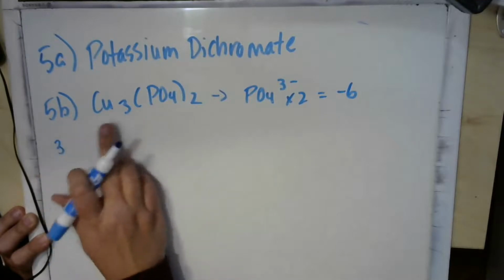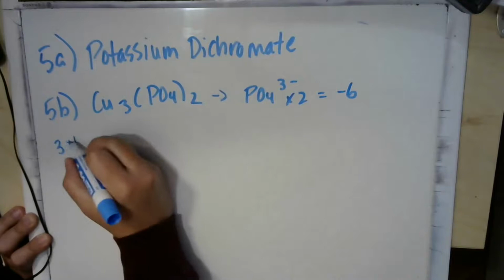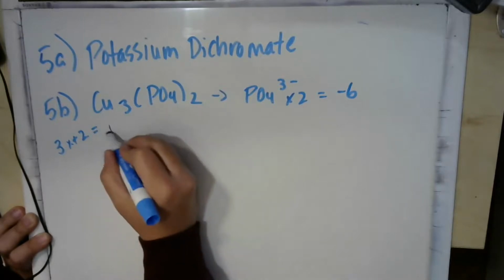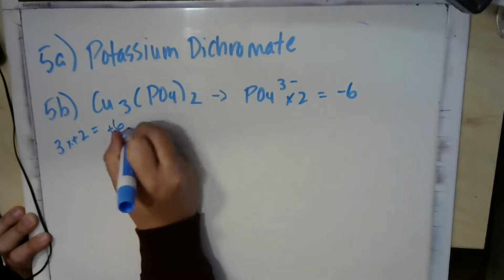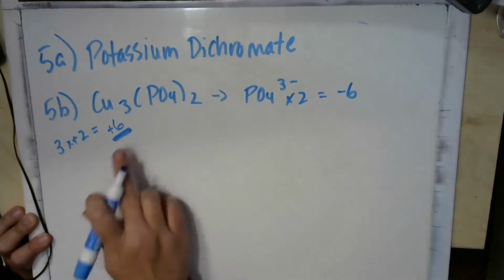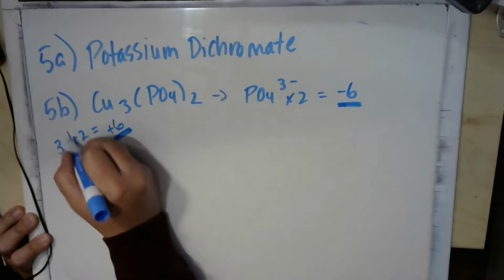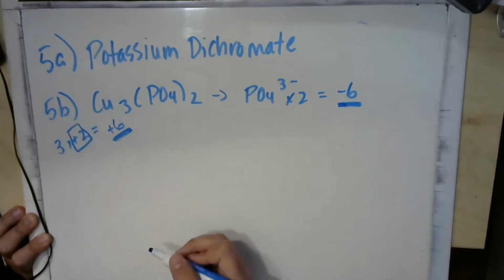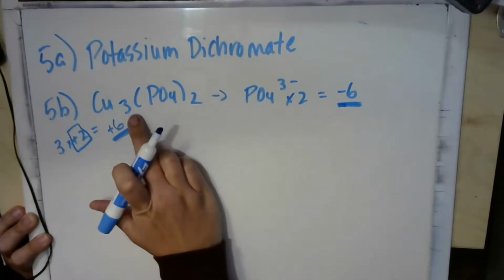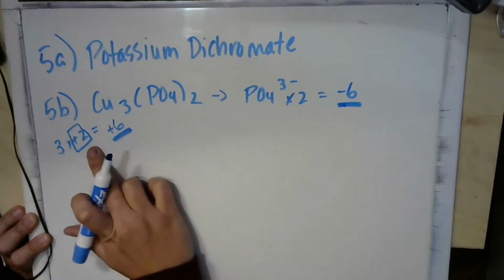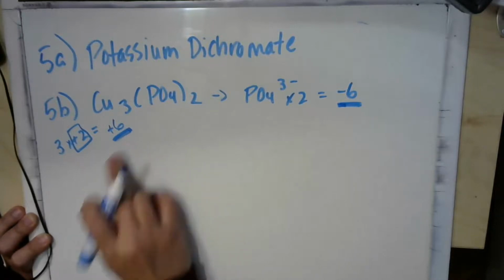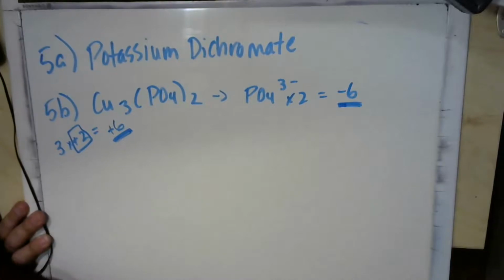So if each copper has a +2 charge, that would give us a total positive charge of 6, which would balance out our total negative charge of 6. So the charge on the copper must be a +2, based on the fact that there are 3 of them. And 3 times +2 is +6.